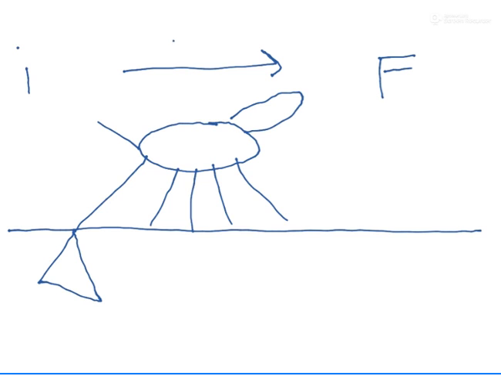As the horse moves, using its legs, the plow is going to be moved across the field from the initial point to the final point due to this force. So in this situation, this would represent work because there's a force acting on the plow that causes a displacement. That's just a simple way to look at it.